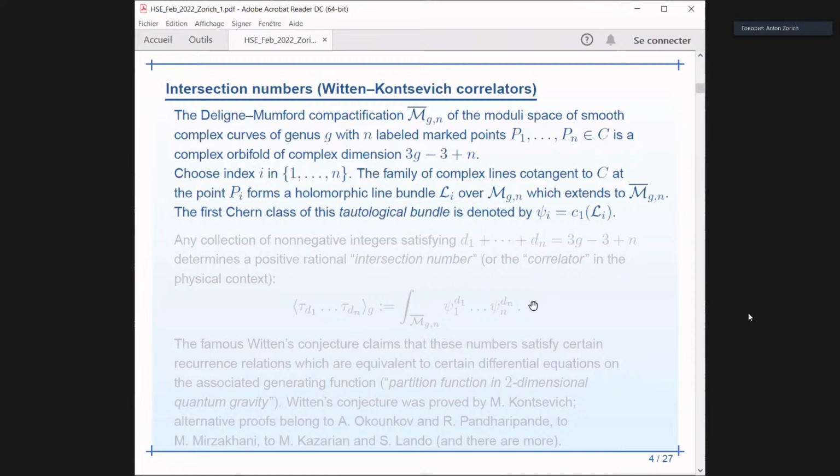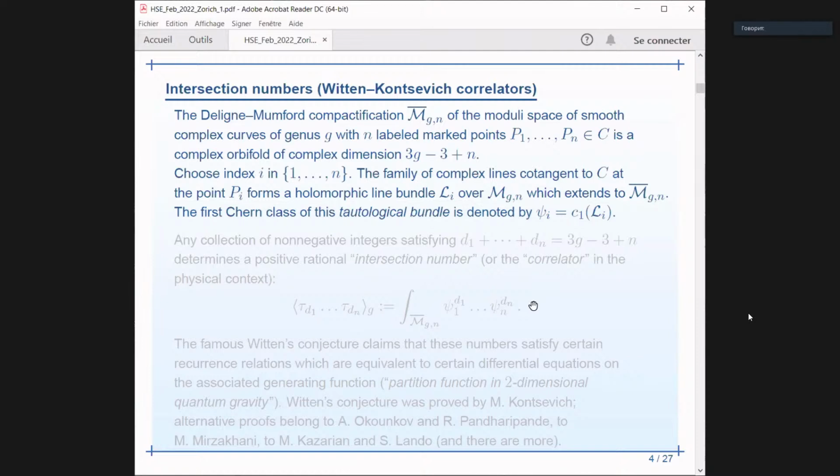Since algebraic geometers prefer to consider these Riemann surfaces as complex curves, we have a tangent line at the point number 3, and by some mainly historical reasons, they prefer to consider the cotangent line. Now, when you start deforming your surface and the location of points, you get a family of lines parameterized by points of M_{g,n}.